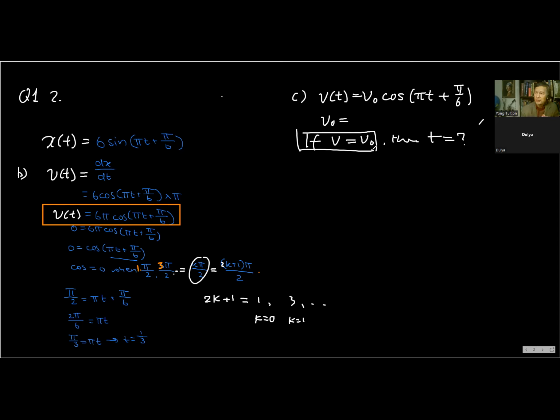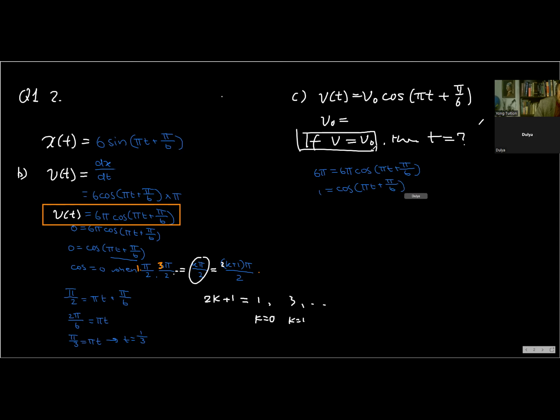It is a bit of trigonometry here. If V must equal V null, what would be the cosine of pi t plus pi over 6? Yes, cosine must be equal to 1.